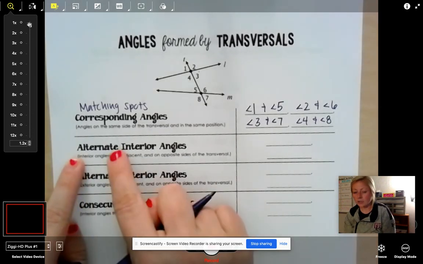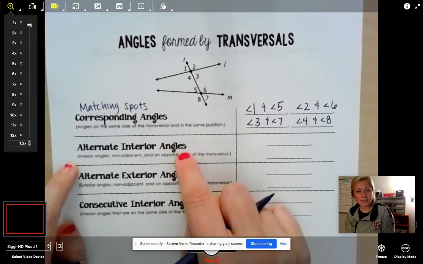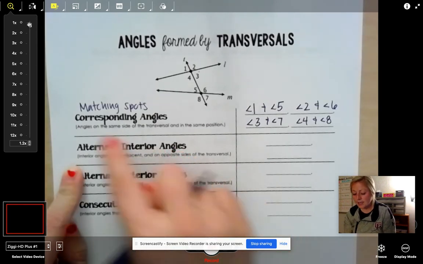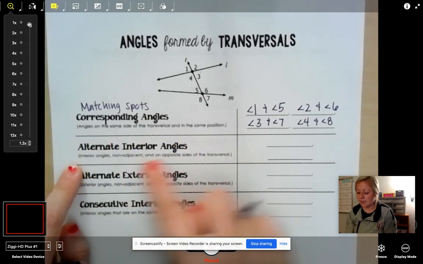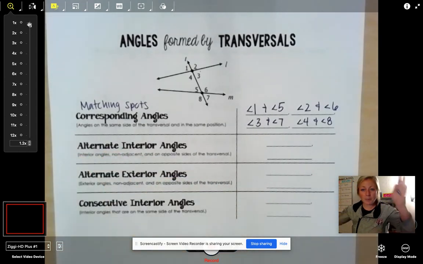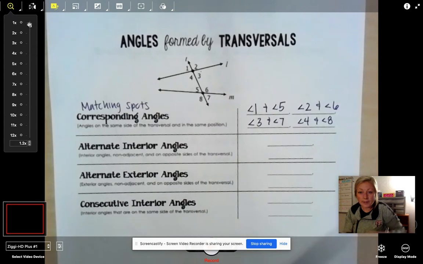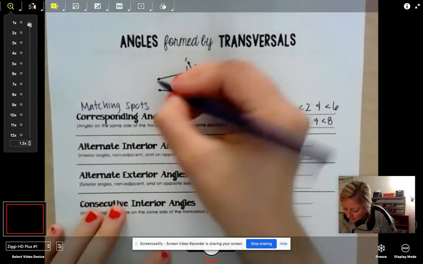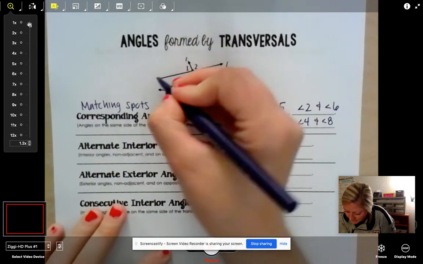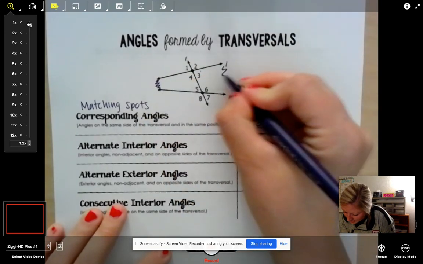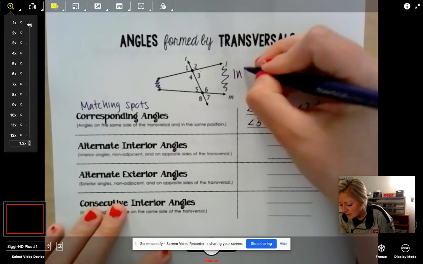Okay. Alternate interior angles is the second relationship that can happen. This kind of describes what's happening. Alternate would mean opposite, so they're on opposite sides of our transversal and they're on the inside. Do you see how we're right here, in between these two lines? We call that the interior.